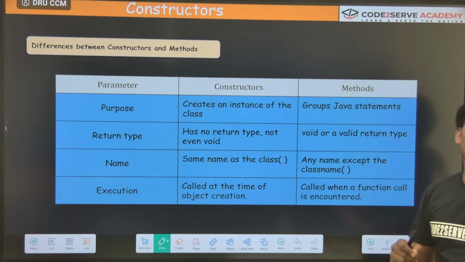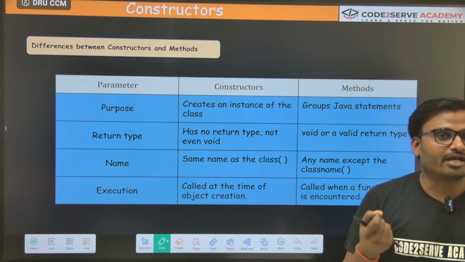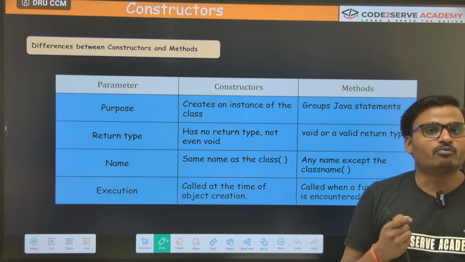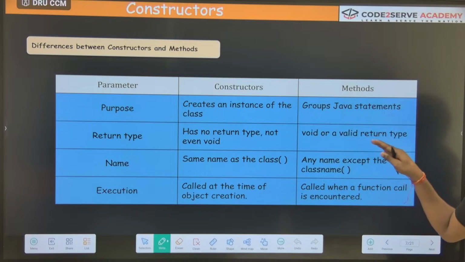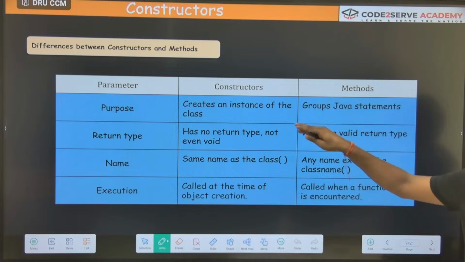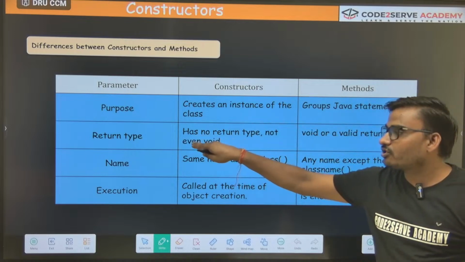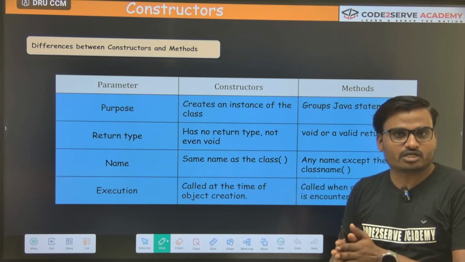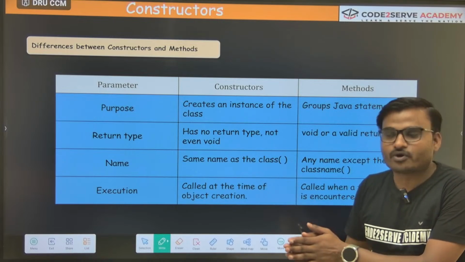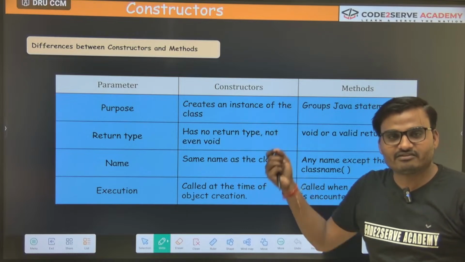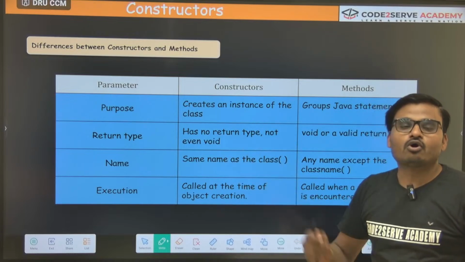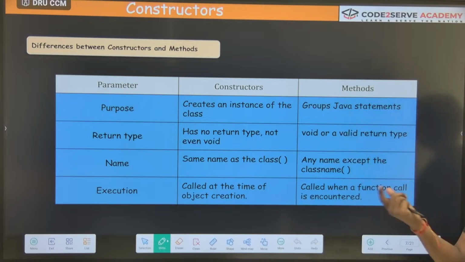If that function is returning an integer value, then we have to write int. If it is returning a boolean value, then we have to write boolean. So whatever the return type is, we have to specify that. If there is no return from that function, we have to write void. But a constructor cannot return anything, that is why we do not declare anything. So we do not have to specify even void or any other data type.